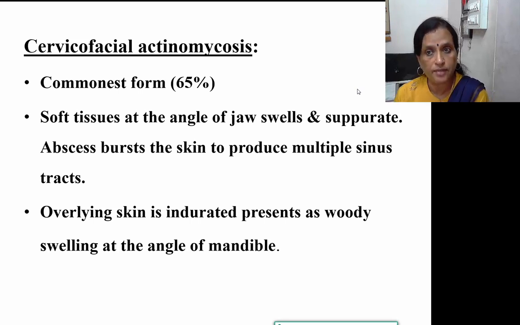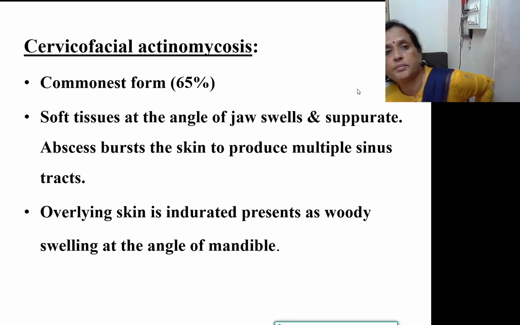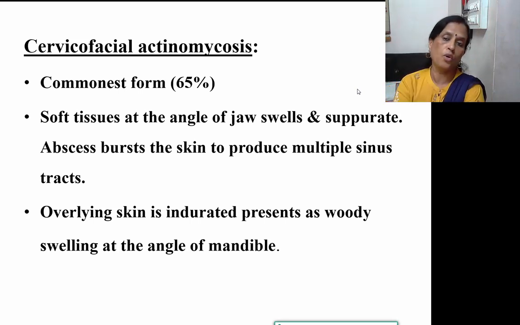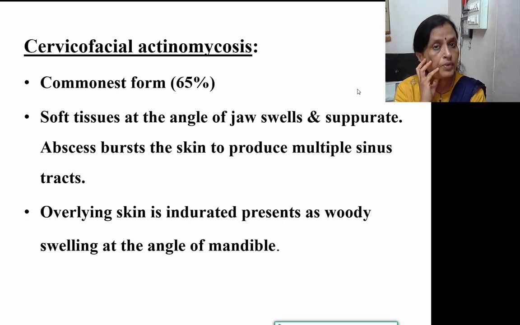So let's learn about cervicofacial actinomycosis. I told you this is the commonest form, involving soft tissues at the angle of the jaw. A patient presents with a swelling with suppuration, multiple abscesses. The swelling suppurates and the abscess ruptures, leading to multiple sinus tracts.